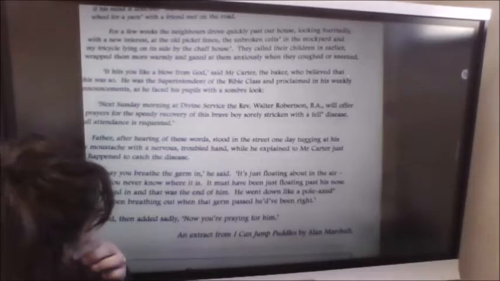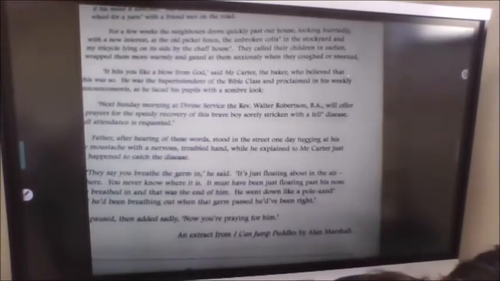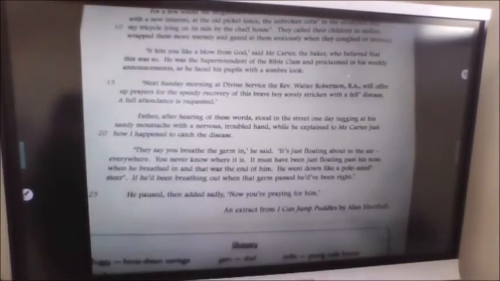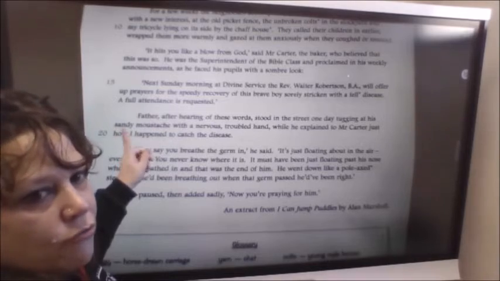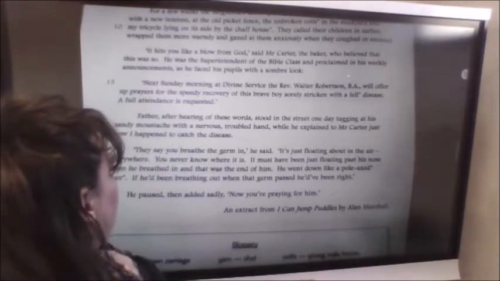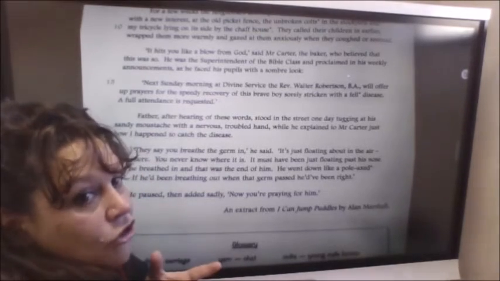So father, after hearing of these words, stood in the street one day tugging at his moustache. Okay, his sandy moustache, so it tells you he's red-haired, sandy, with a nervous, troubled hand. So he's really concerned about Alan, his son.